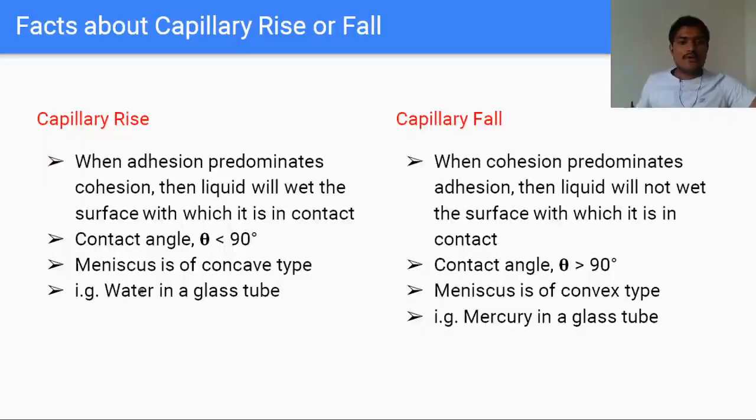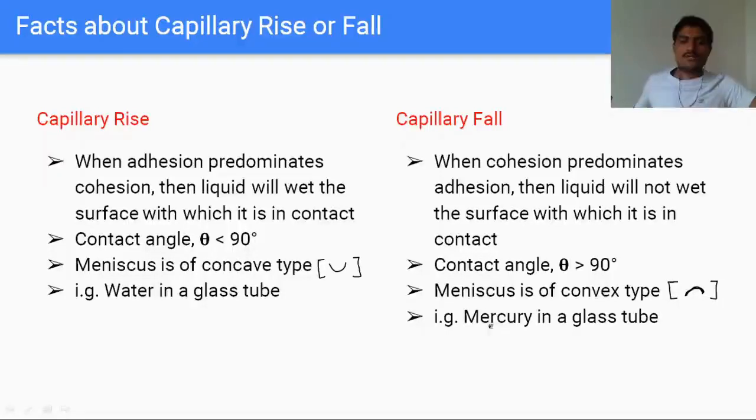Okay, yeah. Whatever we have discussed, in case of capillary rise, the majority of the time the meniscus or the water profile in the glass tube will be of concave type. Concave means, if we draw the shape, this is the concave. Whereas in capillary fall, many times the meniscus is of convex type.